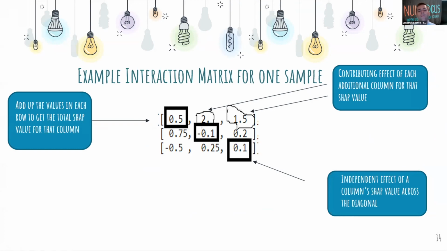The values going down the diagonal would be the independent effects for that particular column. Across each row, these are the contributions for every other column inside the data set. If you add these up together, that gives you the final SHAP value for each column itself. So you can deconstruct SHAP values into various types of contributions from different combinations of columns, which lots of times is fairly helpful. An example output is something like this.